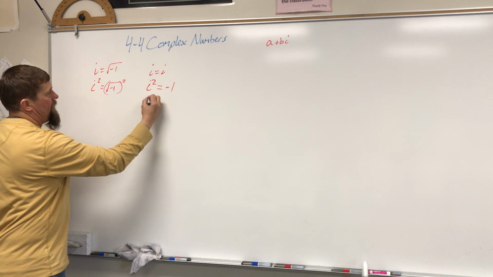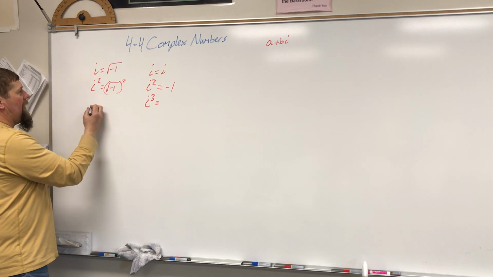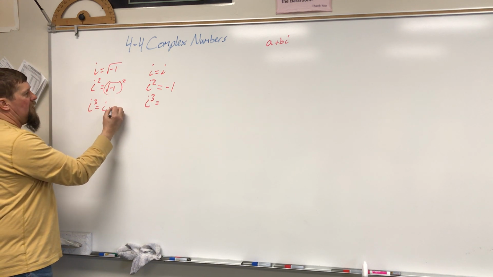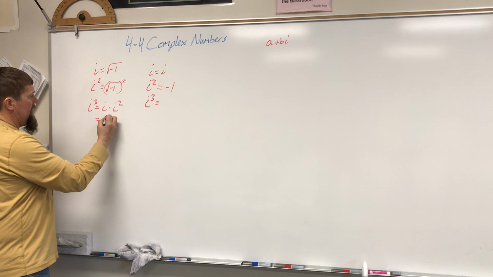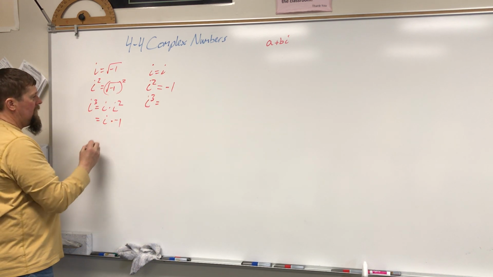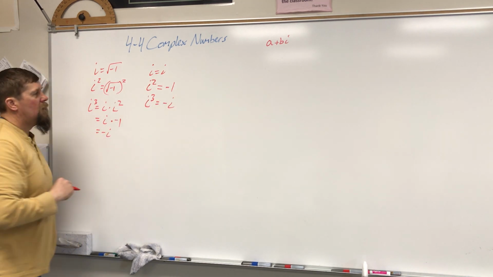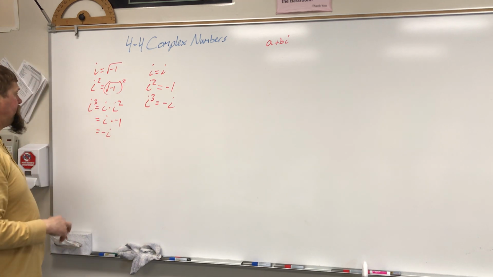All right, what happens when you cube i? Well, i cubed is the same as i times i squared. Since i squared is -1, this is just -i.